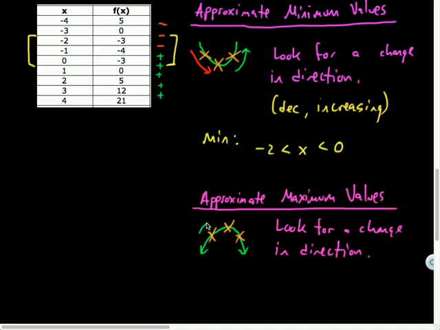So it has to go from increasing to decreasing. And if that occurs, I know I must have walked over a hill. And that's not going to occur for this chart.